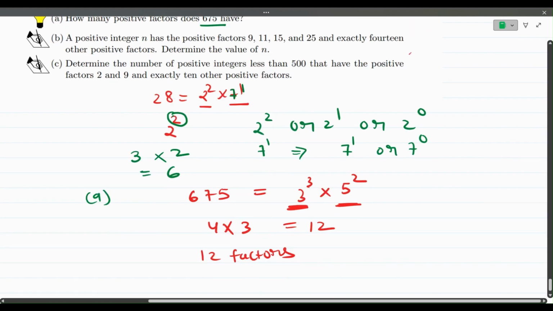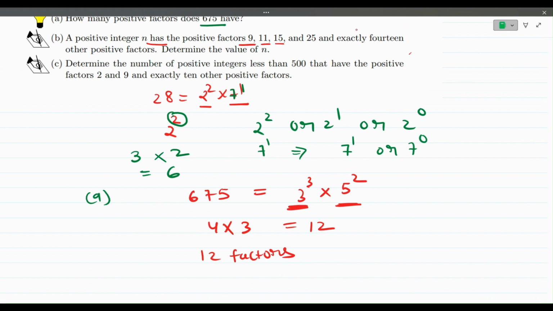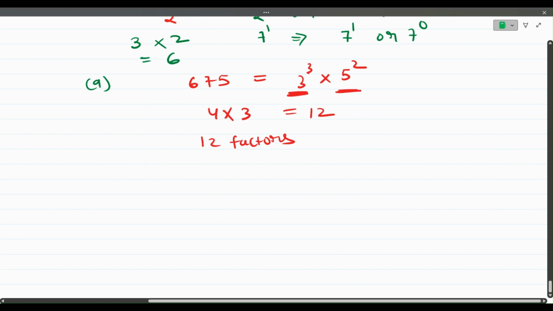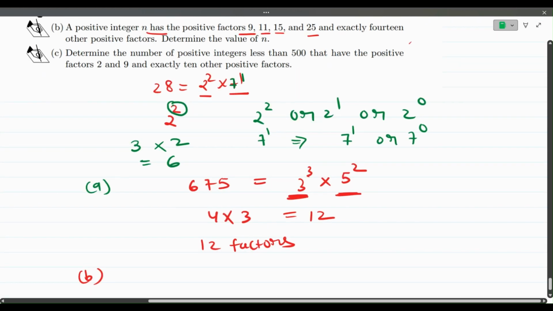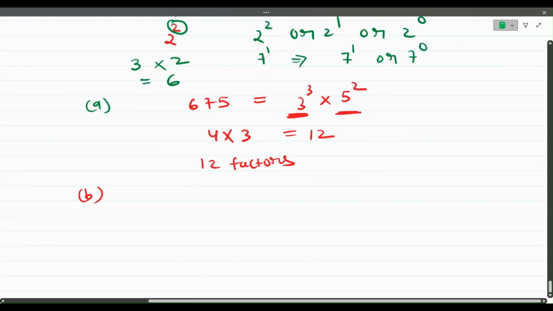Question number 2. A positive integer n has positive factors 9, 11, 15, and 25 exactly, which is 4, and 14 other positive factors. So the number has already four, these four factors are given, and 14 other factors.